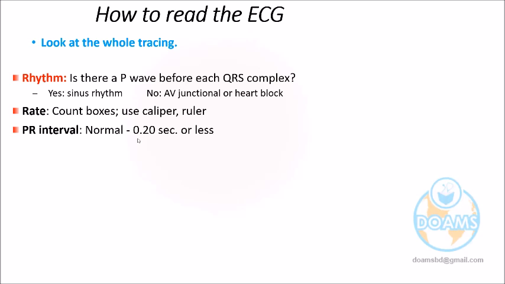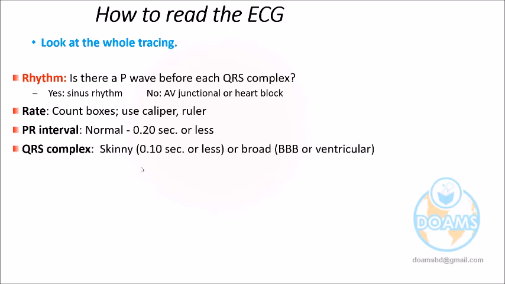PR interval 0.2, 0.20 means, who can say how many millimeters? Doctor, anyone? 0.20 second means how many smallest squares? Dr. Famina, please. 5 small squares. 5, fantastic.